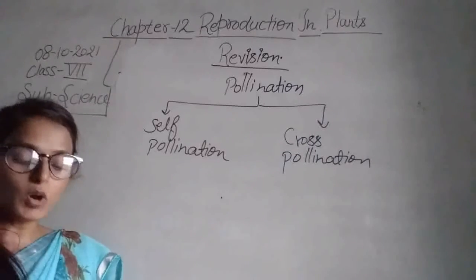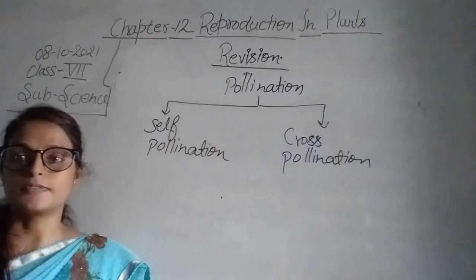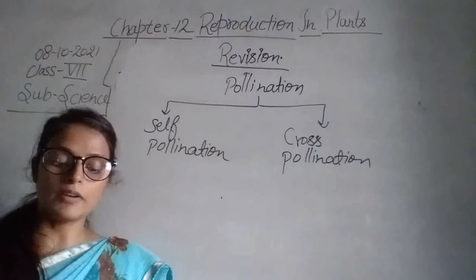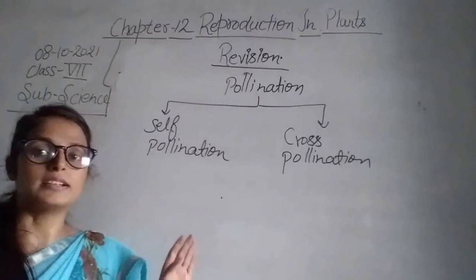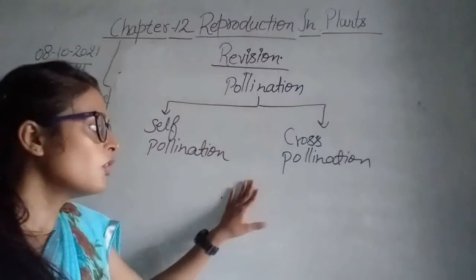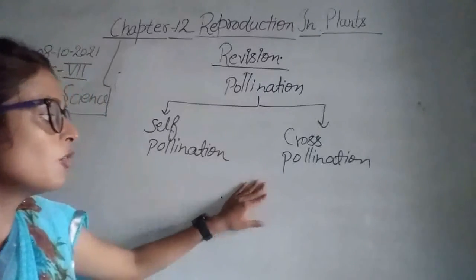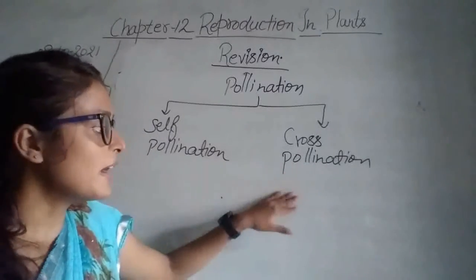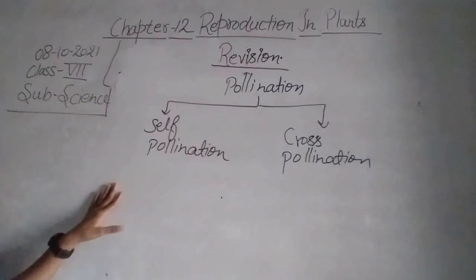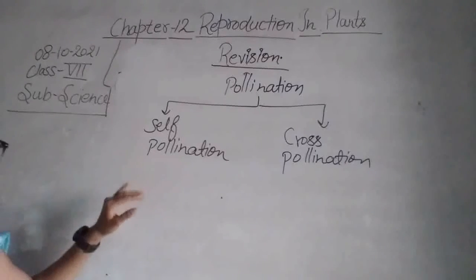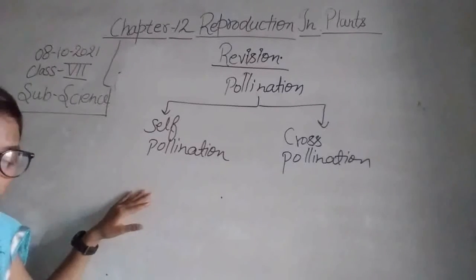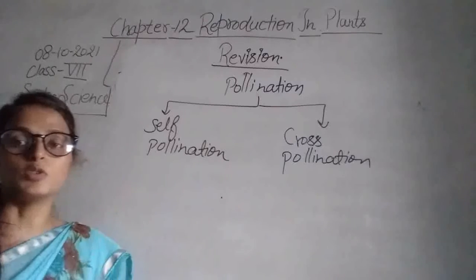Whereas in cross pollination, the pollen grains are transferred from the anther of a flower to the stigma of a flower of another but similar plant. क्रॉस पॉलिनेशन में पॉलन एंथर से स्टिग्मा दूसरे प्लांट में मूव करते हैं, जबकि सेल्फ पॉलिनेशन में सेम फ्लावर, डिफरेंट फ्लावर या सेम प्लांट में हो सकते हैं. Okay.